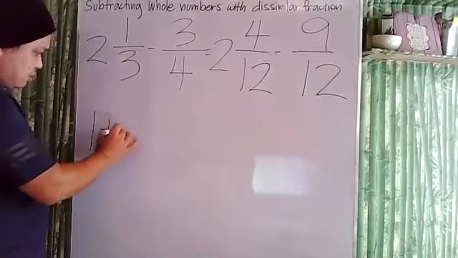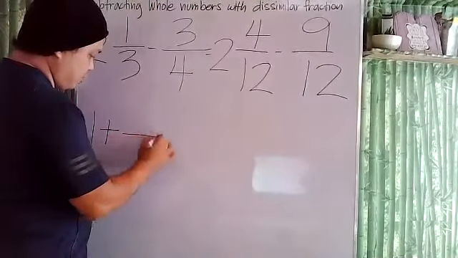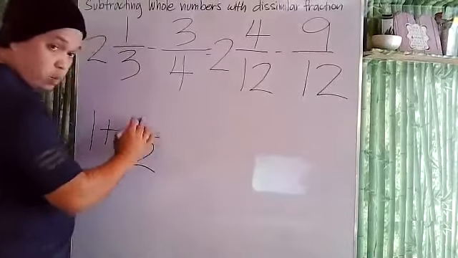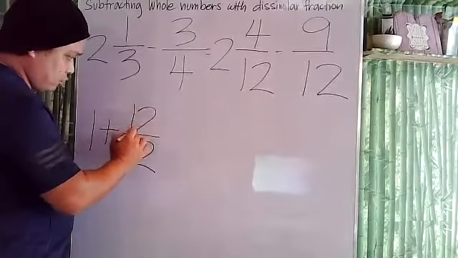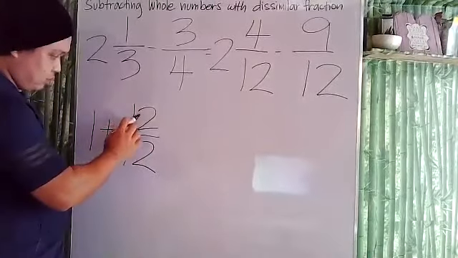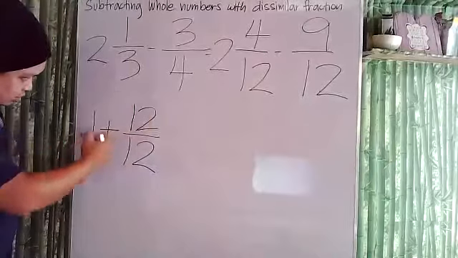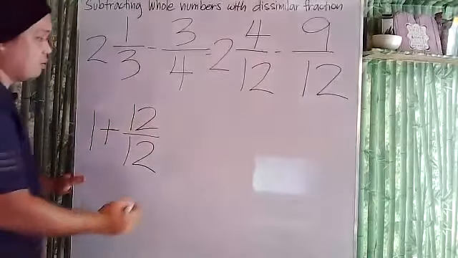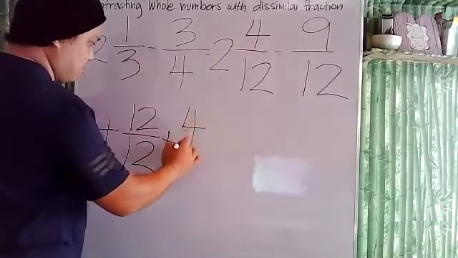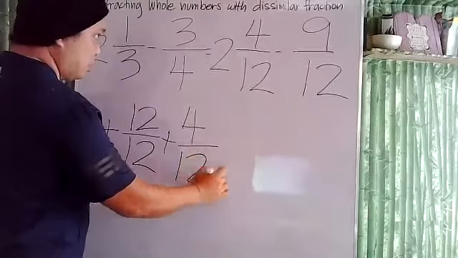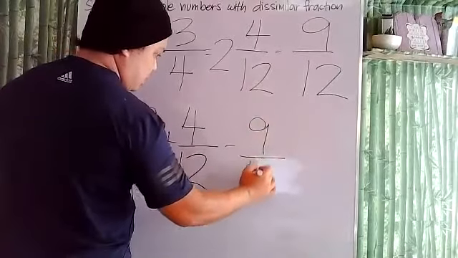And the borrowed 1 must have a denominator of 12. To make this 1, we must also have a numerator of 12, because 12 divided by 12 is 1. Now 1 plus 1 is 2, meaning the whole number is now 1 and the fraction is 12/12 plus 4/12, minus here 9/12.